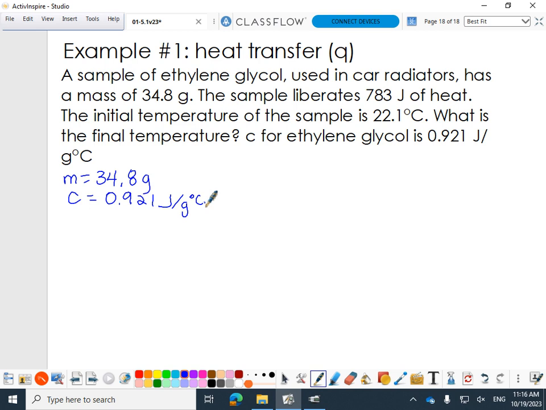So you just, again, have to read the question carefully. It gives off 783 joules. And then it says the initial temperature is 22.1. So I don't want to mess things up, so I'm going to do delta T first.